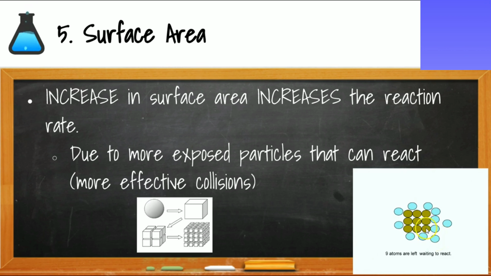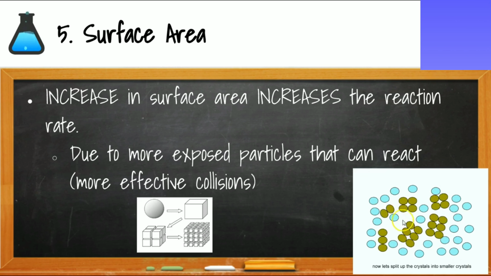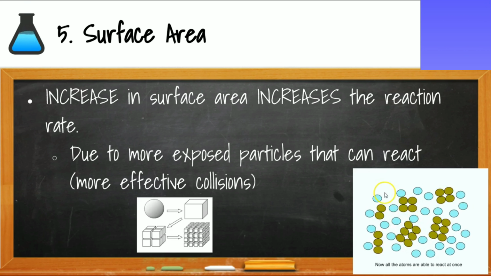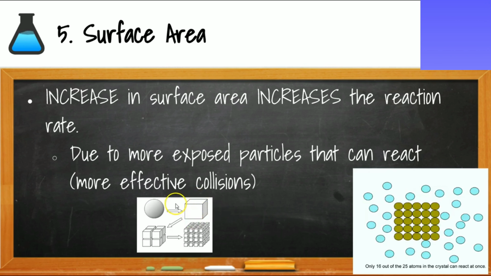Recall that when we decrease particle size, we are increasing the surface area. So here in this image, you can see that when we have a large size, very few of the particles can collide with the blue. But when we decrease the particle size, we allow more particles to collide with the smaller blue particles, thus increasing our reaction rate.